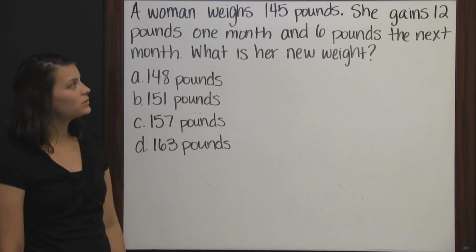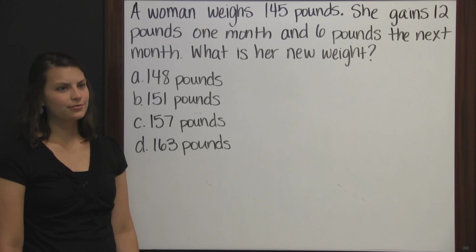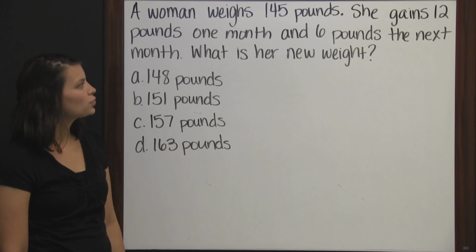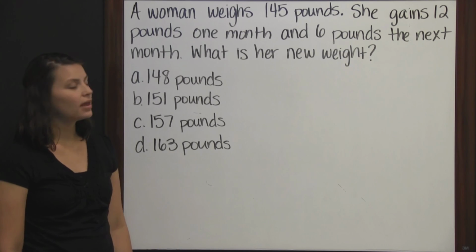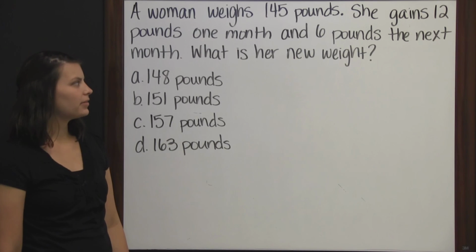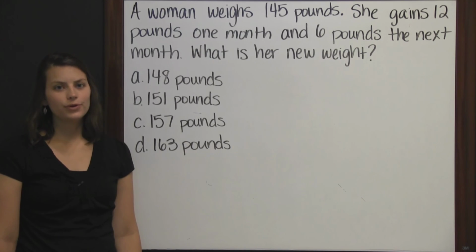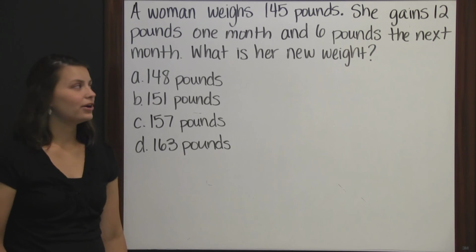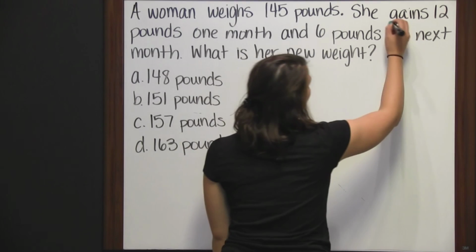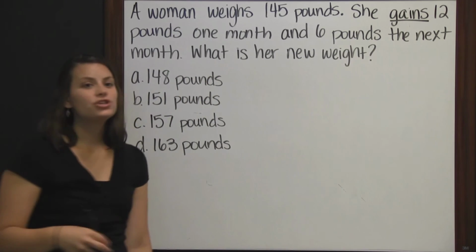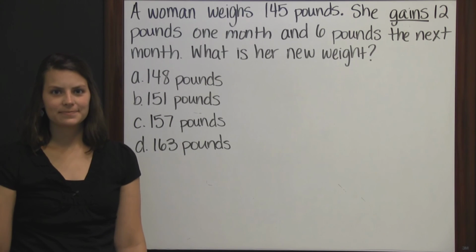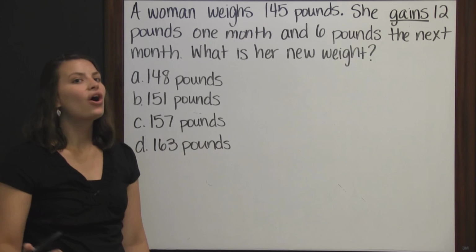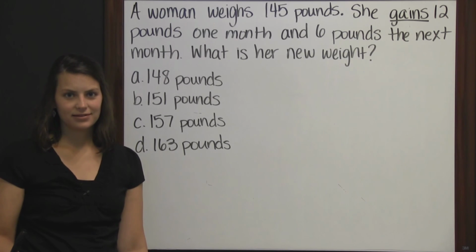A woman weighs 145 pounds. She gains 12 pounds one month and 6 pounds the next month. What is her new weight? Well, the key word here is gains. She gains weight, or she's adding on weight.